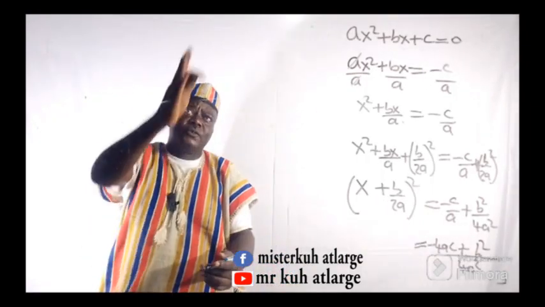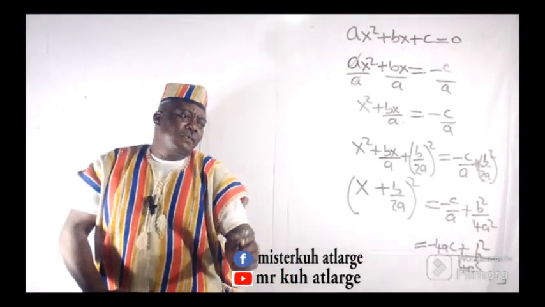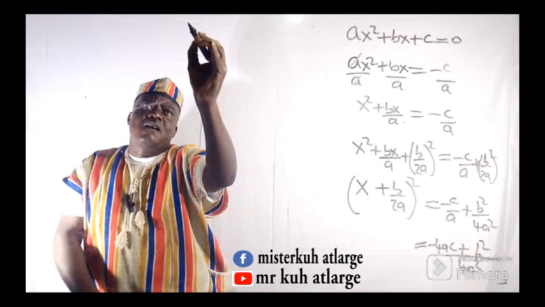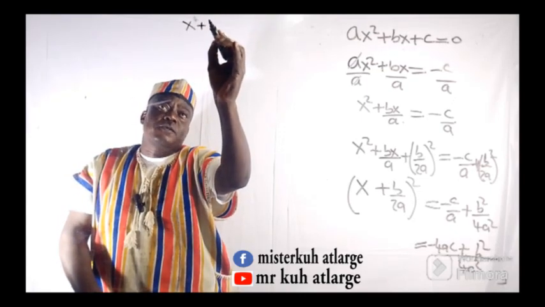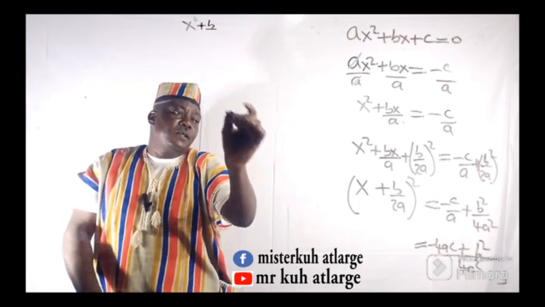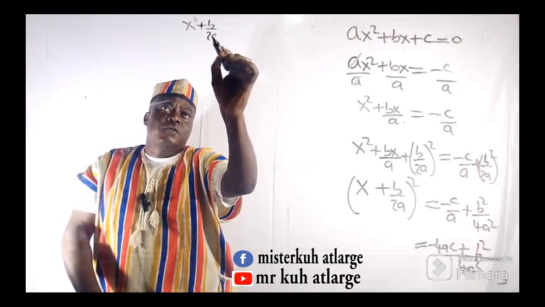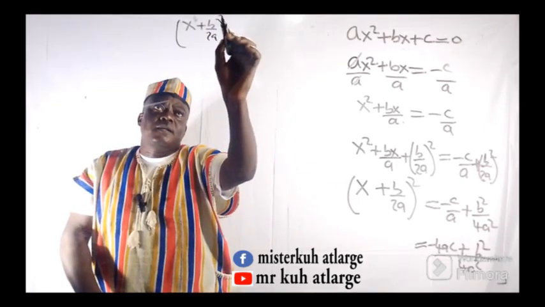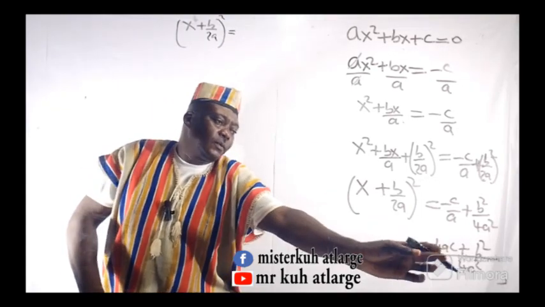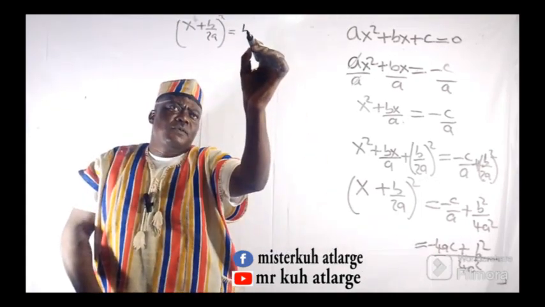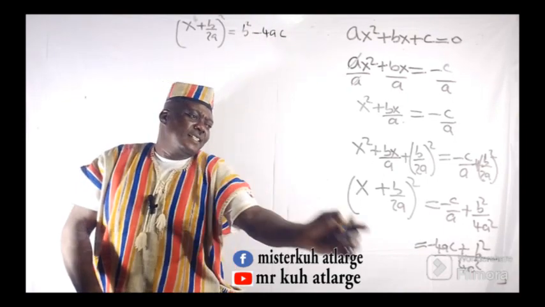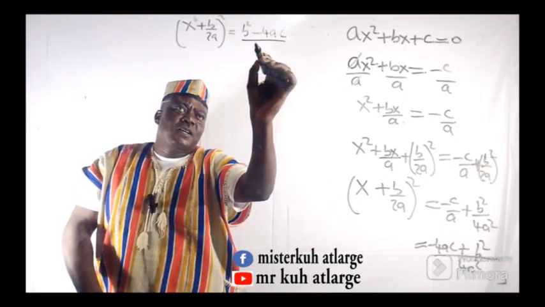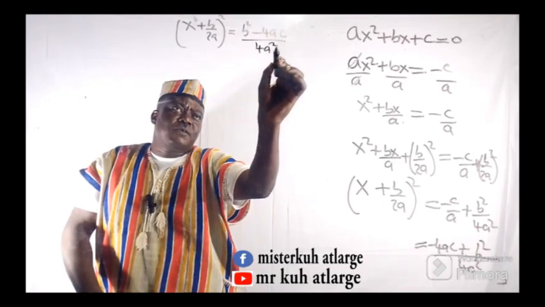So you continue from here. So here you have x plus b over 2a all squared will now be equals to b squared minus 4ac all over 4a squared.